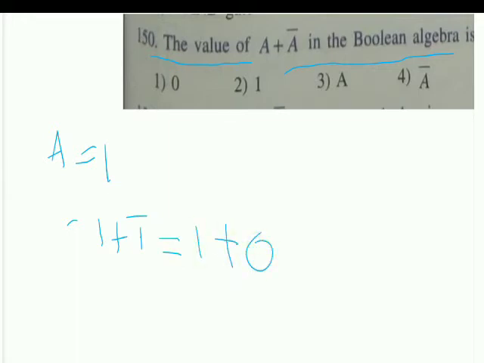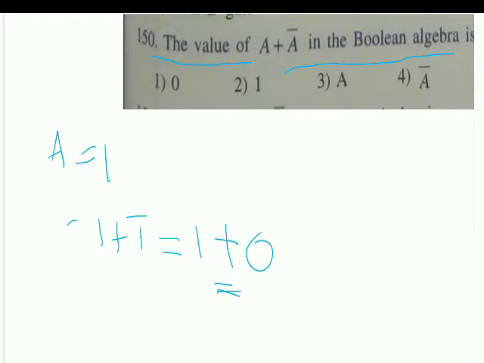The value of A or A complement in Boolean algebra is what? If A is equal to 1, then 1 OR 1 complement is equal to 1 OR 0.